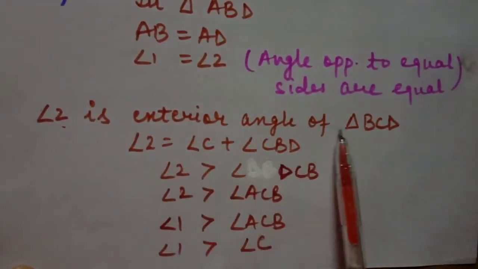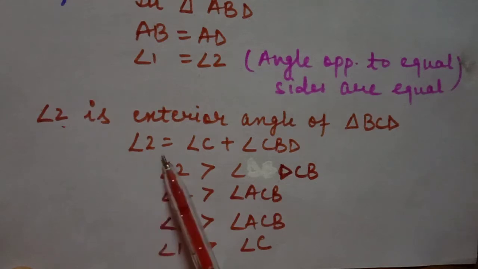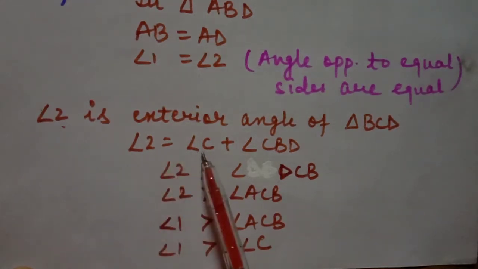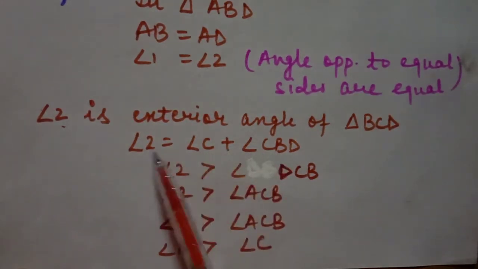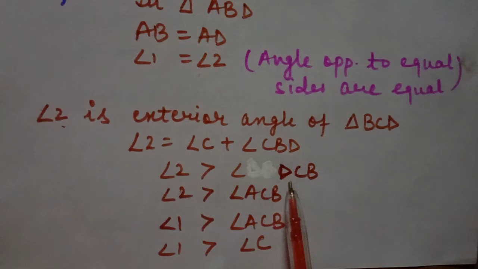Angle 2 is the exterior angle of triangle BCD. Angle 2 is equal to angle C plus angle CBD. If I compare any one angle with angle 2, angle 2 is greater than angle DCB. Angle 2 is greater than angle ACB.